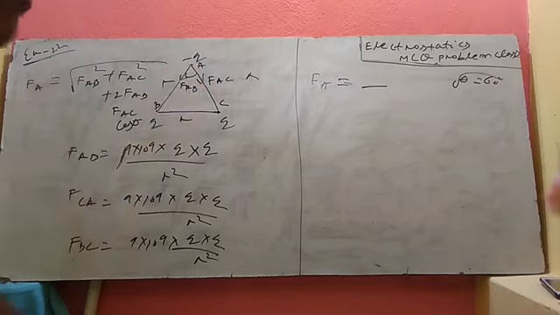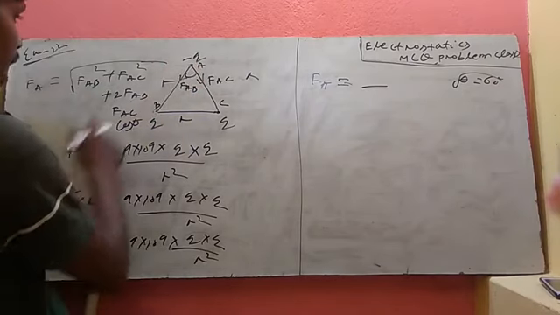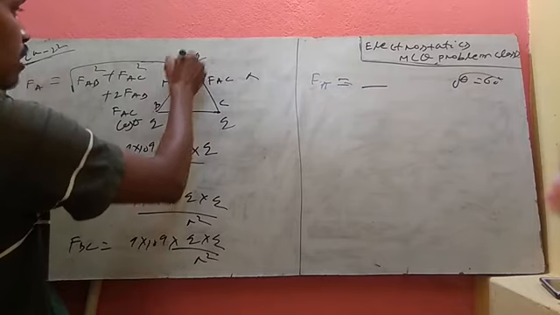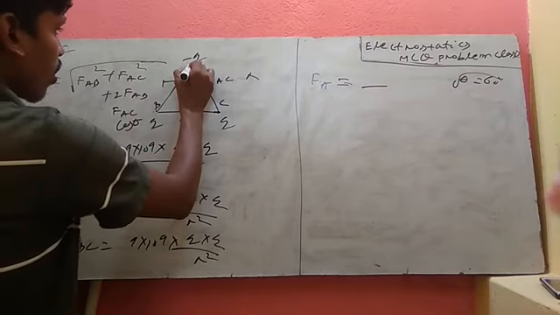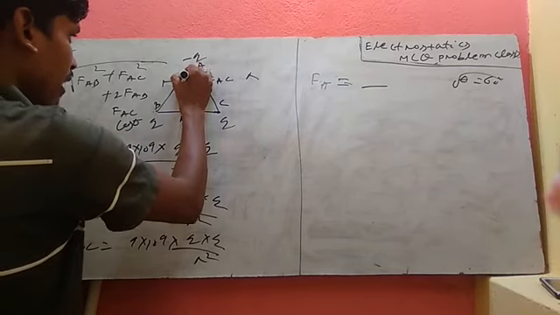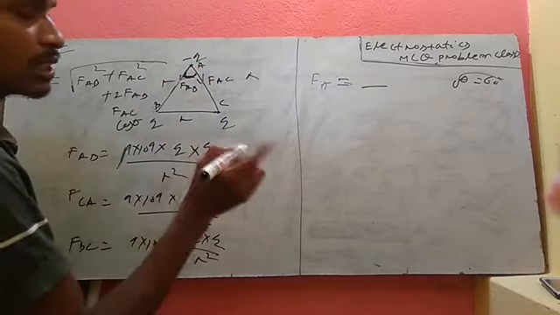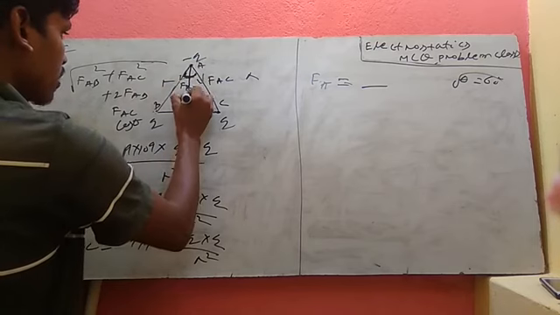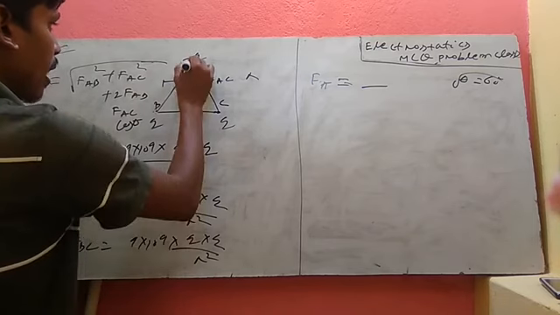This gives the total net force. The direction of the net force is particular, because FAB and FAC are equal forces. So the net force FA perfectly divides this angle, which is 60 degrees.